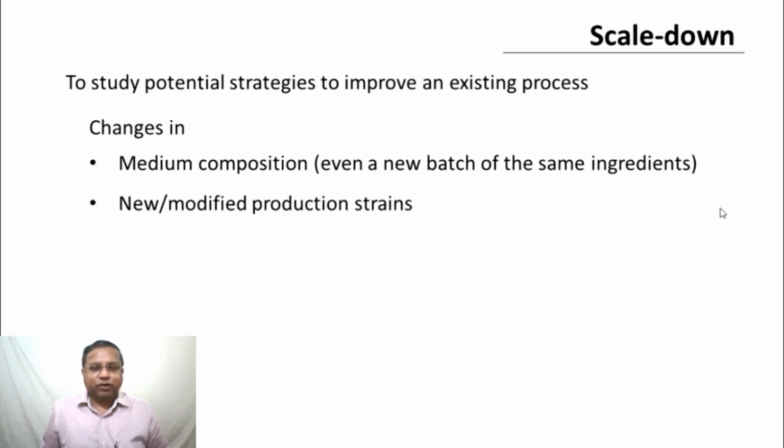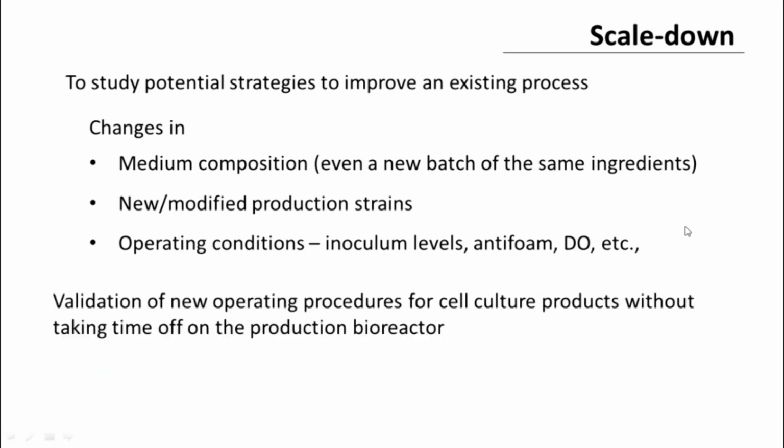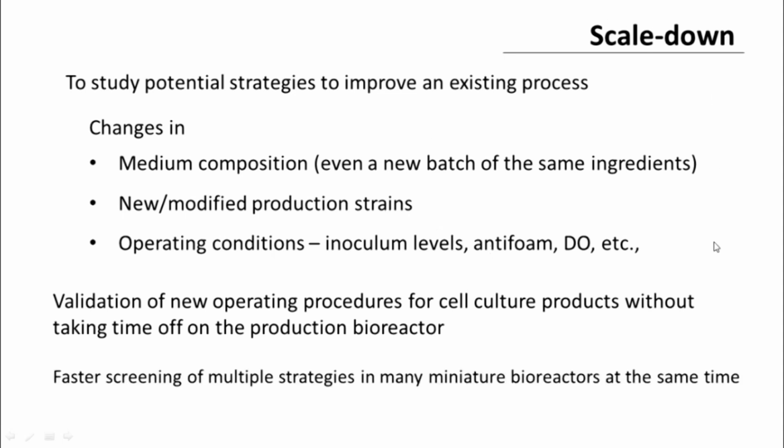Newer modified production strains are first tried on at the scale down level. Operating conditions such as inoculum levels, anti-foam use, dissolved oxygen level, etc. are tried out. And validation of new operating procedures for cell culture products without taking time off from the production reactor. In all these situations, scale down becomes important.